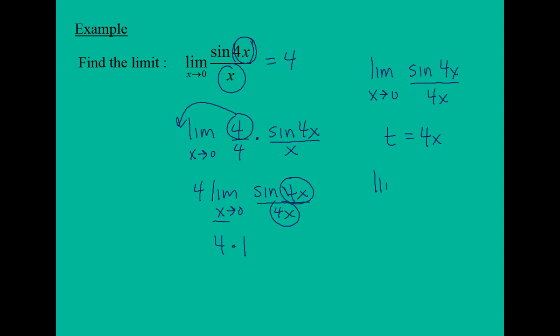So we would have the limit of the sine of t over t. Now I'm changing the entire limit into terms of t, so I have to change this in terms of t. Well, let's look at this. As x is going to 0, t is also going to 0. So now we can see, yep, indeed, that equals 1.